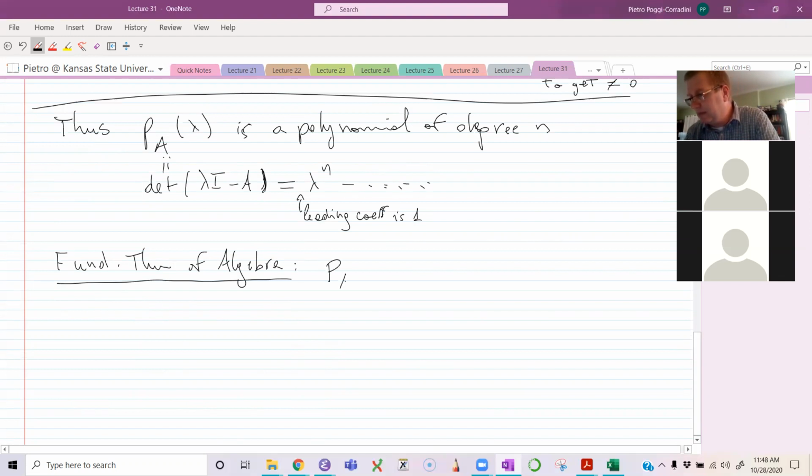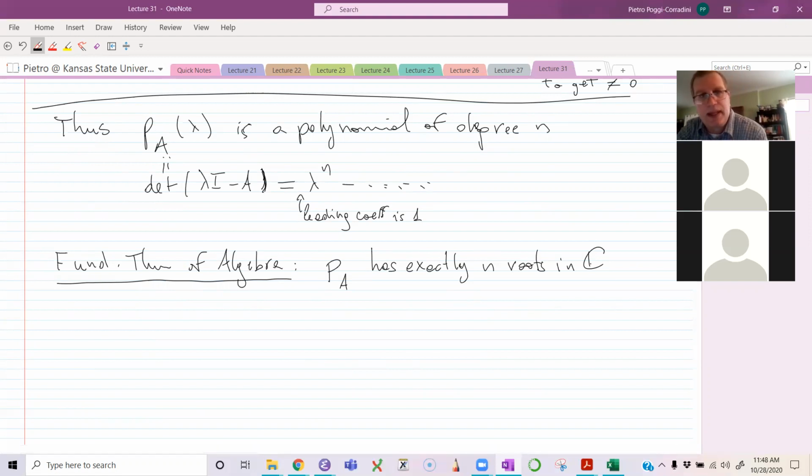That for any polynomial of degree n, it has exactly n complex roots. So it has exactly n roots in C. So there's always exactly n eigenvalues.